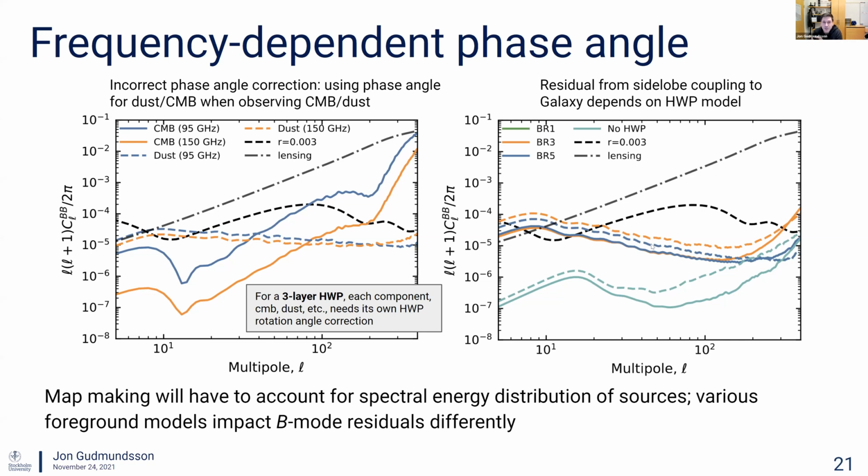So in some sense, you always worry about beam side lobes when we talk about systematics for CMB experiments. But in this plot and in this analysis, we show that there are effects that combine beam side lobes with half-wave plate non-idealities. And I think that was quite interesting.